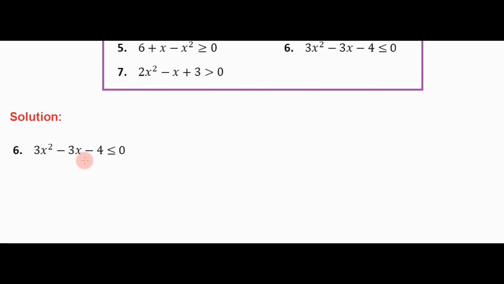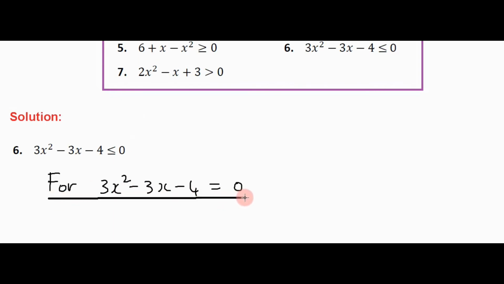We're going to use the quadratic formula to find x. So we're going to turn this into an equation first in order to find the roots. So I'm going to say 3x squared minus 3x minus 4 equals 0.